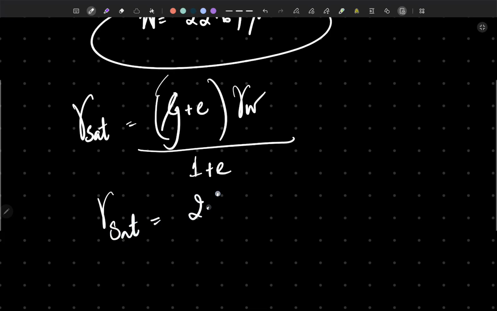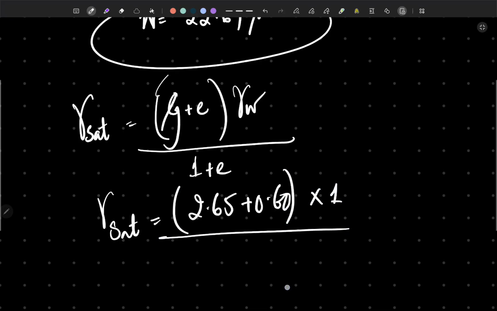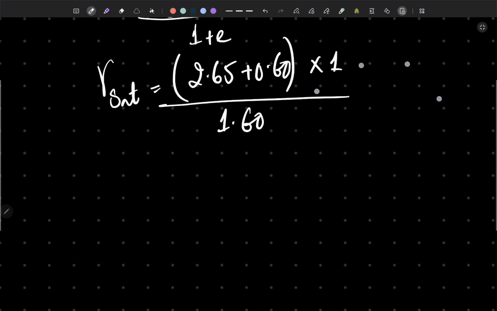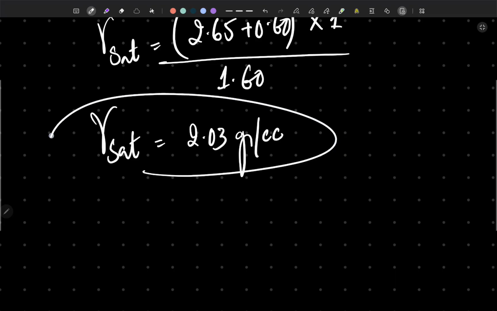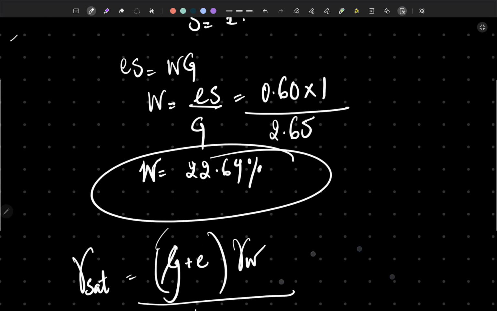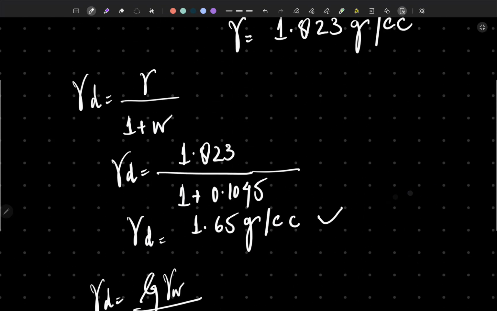G is 2.65, e we calculated 0.60, unit weight of water 1 gram per cc, divided by 1 plus e, which is 1.60. Upon calculating, saturated unit weight becomes 2.03 grams per cc. The second part of the question has been completed as well.